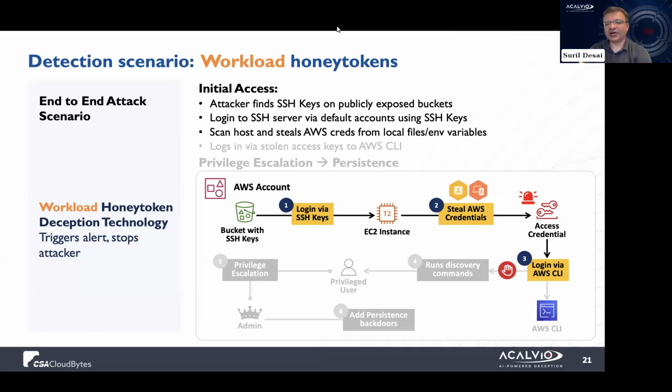As part of the attacker's reconnaissance output, they will see credentials. These credentials are actually deceptive credentials or workload honey tokens. The attacker does not know that these are deceptions. So they attempt to use those credentials to perform a login into an AWS environment. The moment they attempt that type of a login, the defender gets an alert. So now the attacker is stopped right at that stage itself, and the attack sequence does not progress. So that's how workload honey tokens provide an important benefit.